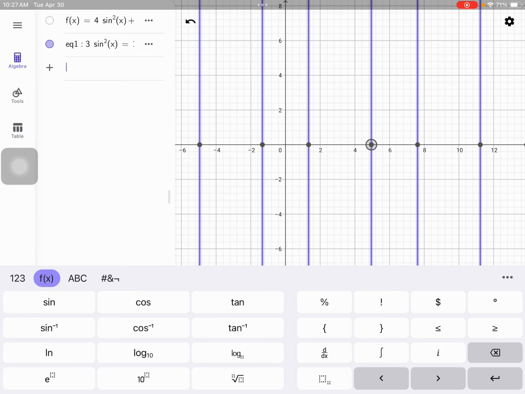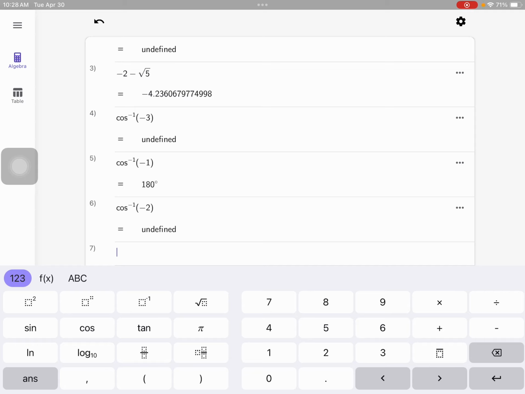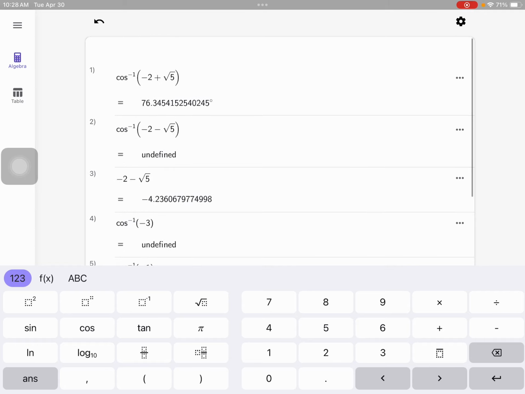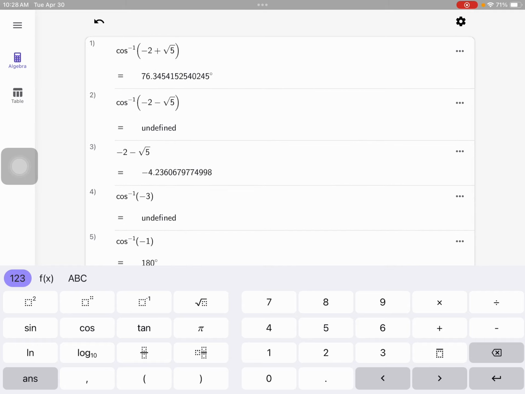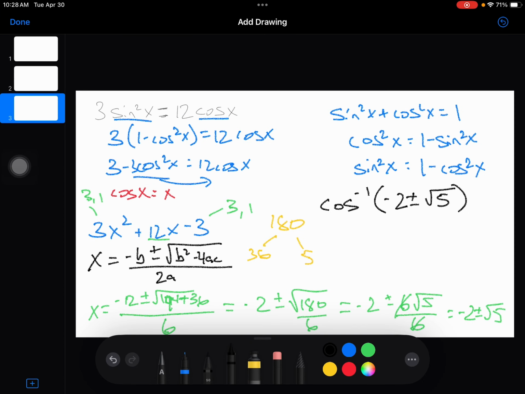Coming back here, though, let's look at, this is negative 4.95, which is not the same as negative 4.23. So let's just stick with this 76.34. Going back to our original question, 76.34 is our value.